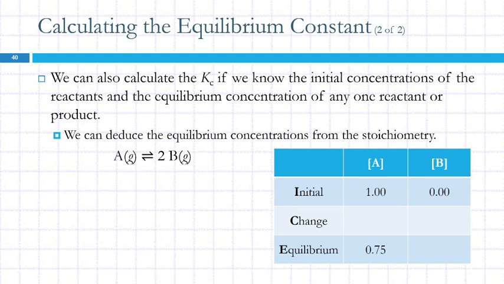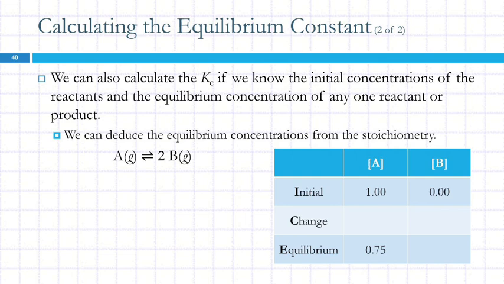So it's helpful to use a table. So here we've got our reactant and our product. We're keeping it real simple here. And we're going to put in our initial concentrations. So we started with 1 mole per liter of A and none of B. Pretty common. Why would you put the product in there, right?